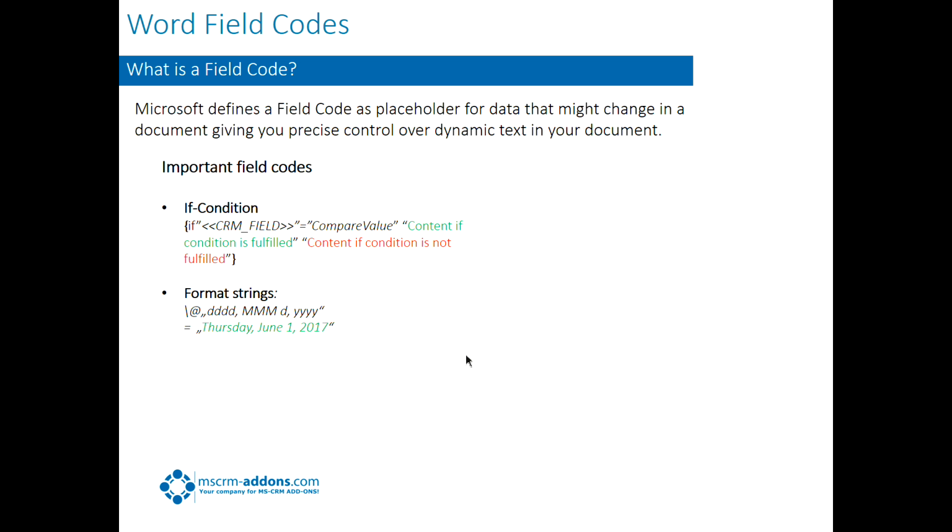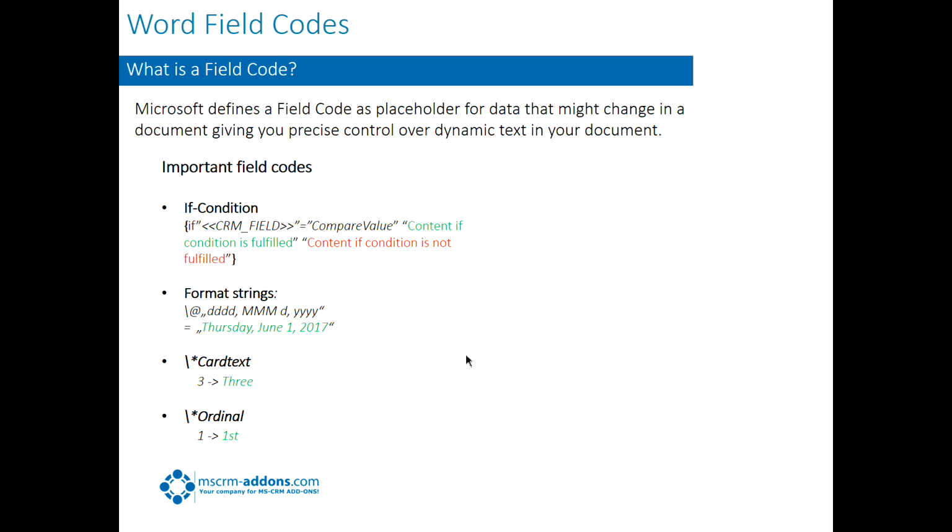Next, you can use switches to format strings. If you want to output a date in a certain format, you can use these switches and your date will be output in that format. A couple of other really nice switches: for example, you can use CardText, which changes the numerical value of 3 to being spelled out as three. Next would be ordinals. This is a request that we've had a lot.